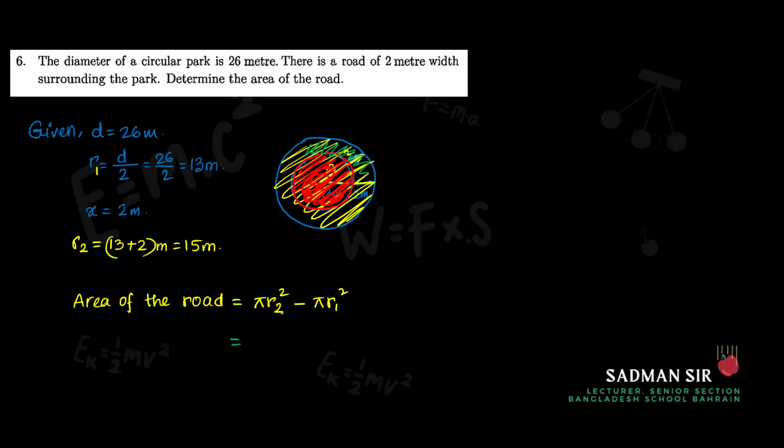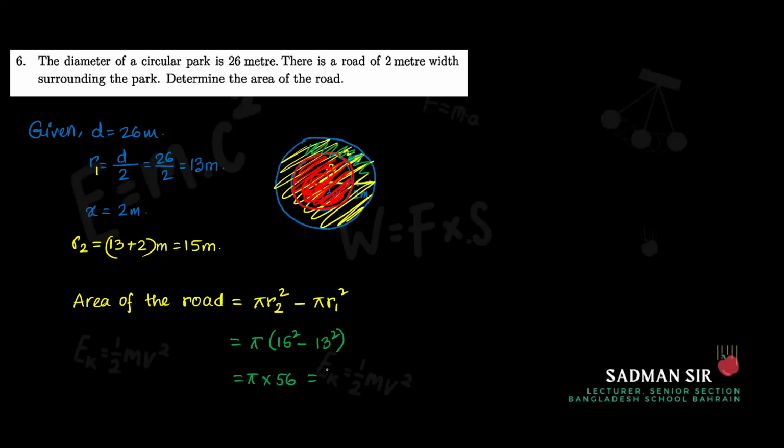So that is why this can be done by r2 square. R2 is how much? 15. So 15 square minus, I have taken pi common, okay? And R1 is 13, so 13 square. So it will be 225 minus 169, that is 56.